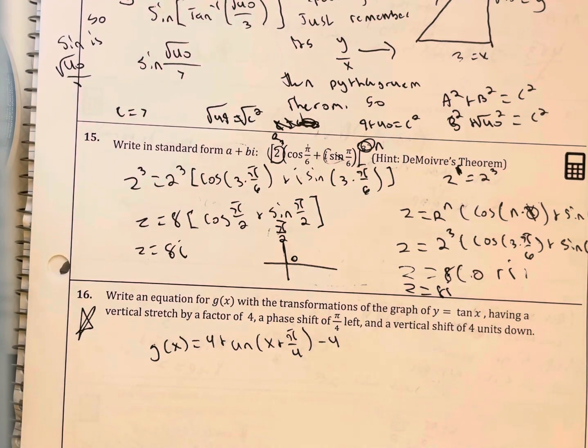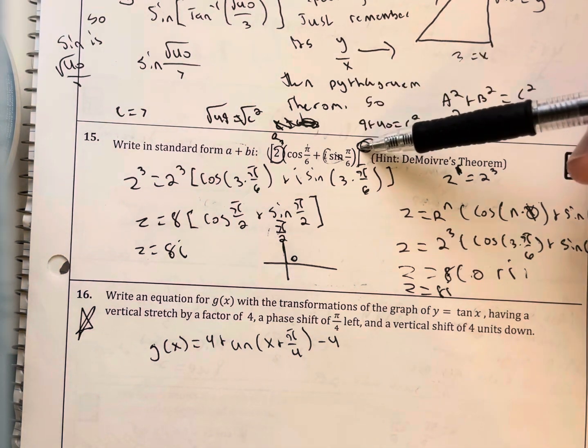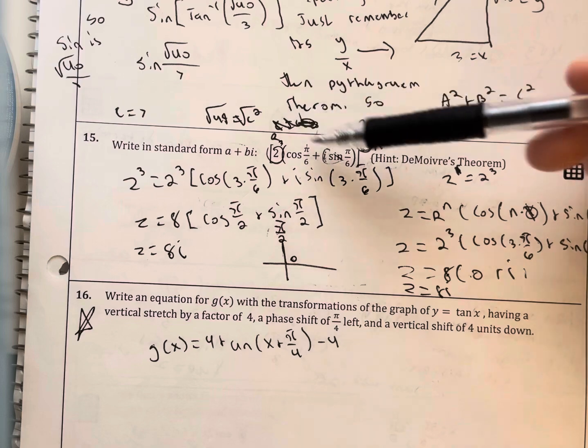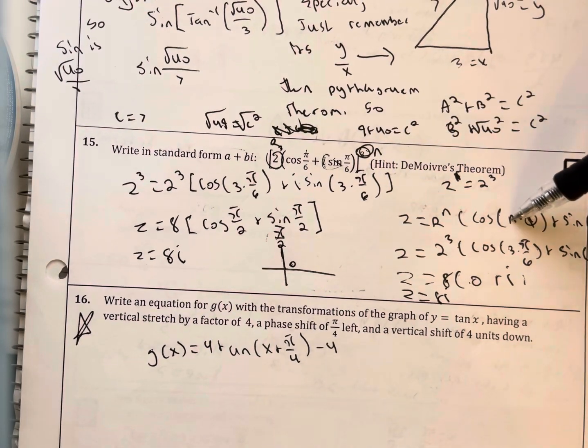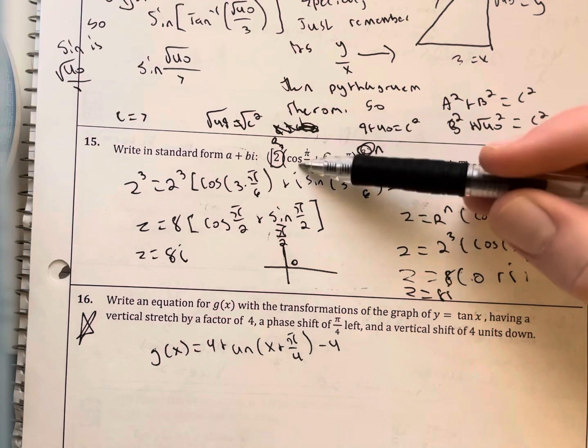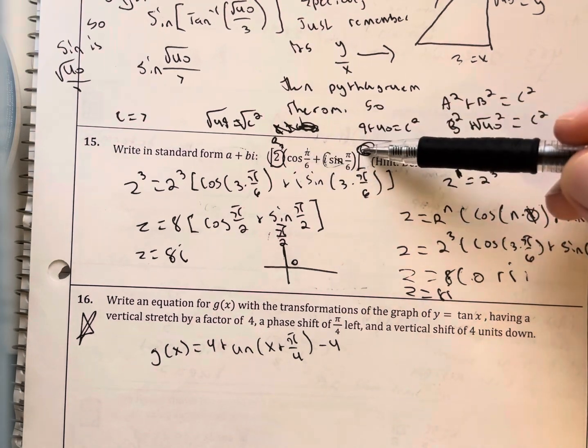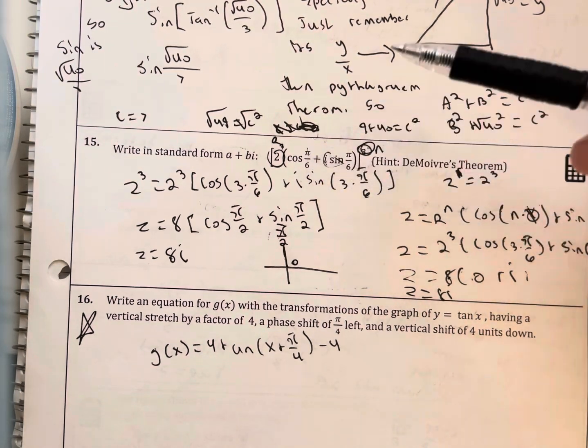To recap, De Moivre's theorem just says you take the exponent value up here, you put it into the parentheses and multiply it by these theta values. So in our case, 3 times pi over 6.